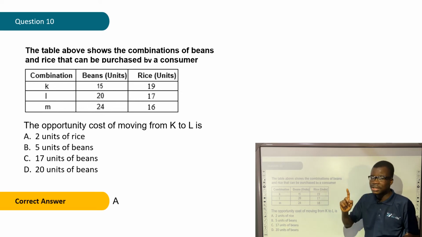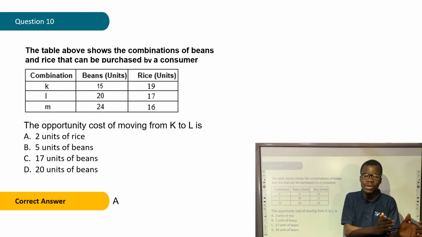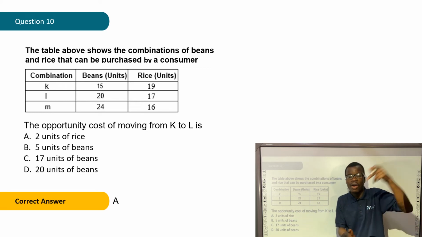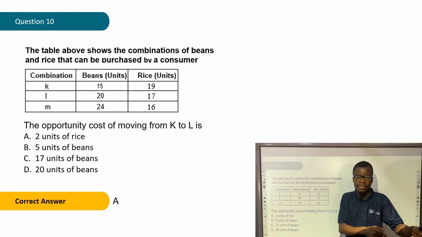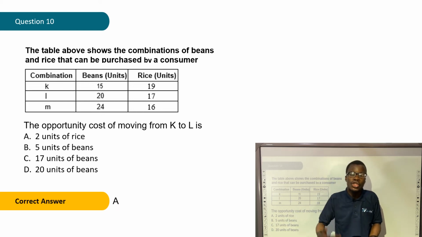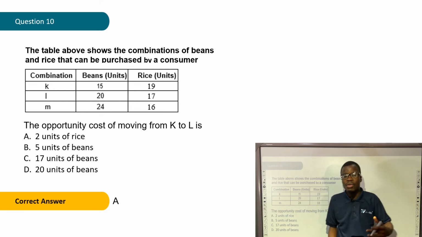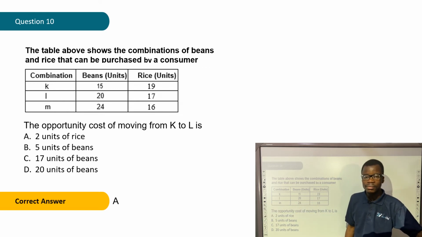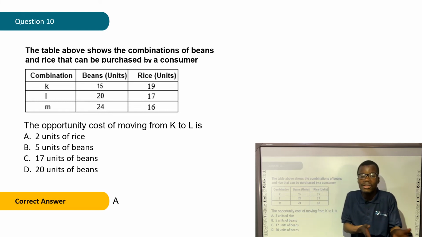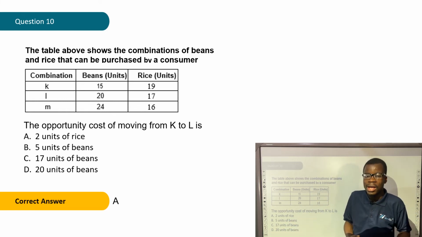Now, in answering questions, you have to be careful of terminologies and the concepts behind terminologies. Don't forget, opportunity cost has to do with what we lose in order to acquire another thing. The item that is being sacrificed such that another item can be acquired.